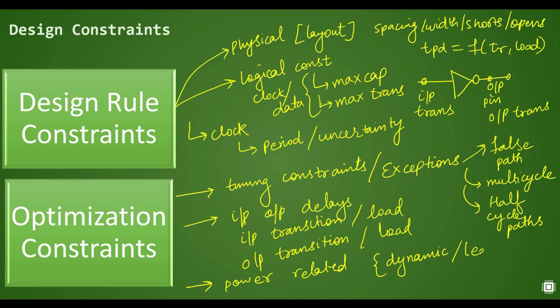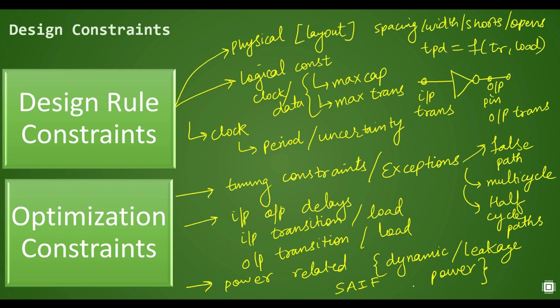Maximum leakage or maximum dynamic power, all these constraints are part of your power related file. And sometimes there is one more file that is specified, and we will talk about it later also, that is SAIF, the switching activity file, which specifies how much switching activity is happening, and based on that your dynamic power optimization is done.